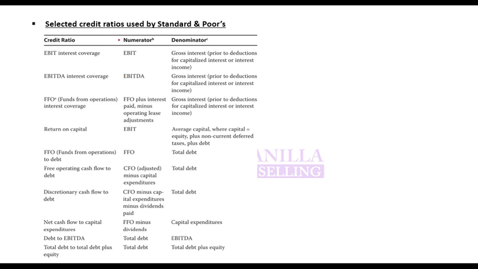What are the selected credit ratios used by Standard & Poor's? So there are many ratios, some of which are used are EBIT interest coverage, EBITDA interest coverage, FFO, funds from operations. What is funds from operations? Just like we have cash flow from operations, there is another measure, funds from operations.